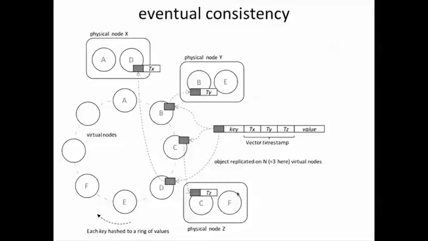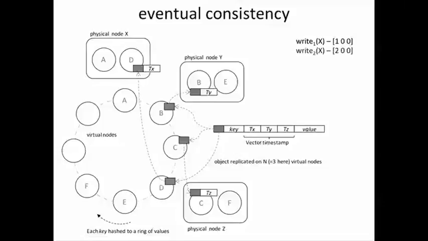And now let's see what happens when we try to write a record which is replicated at 3 locations. Suppose we happen to write this record at x. We associate with that a timestamp 100. So this is a vector timestamp consisting of 3 elements, which tells us that this was written at timestamp 1 at physical node x, and the timestamps at the other nodes are maintained as 0.